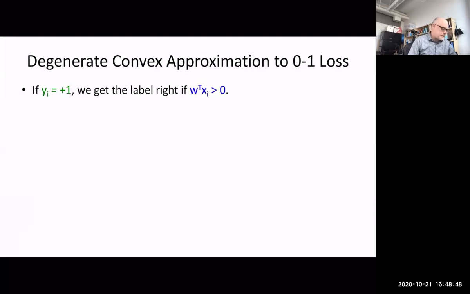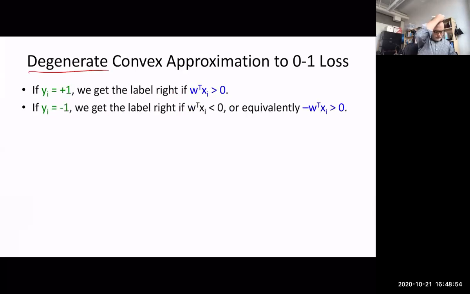Okay, so let's talk about a degenerate convex approximation to the 0-1 loss. So imagine the following. This has been pretty well established at this point. If yi is +1, we get the label right if the sign of W transpose xi is positive. If yi is -1, we get the label right if the sign of W transpose xi is less than 0, or equivalently minus W transpose xi is greater than 0.